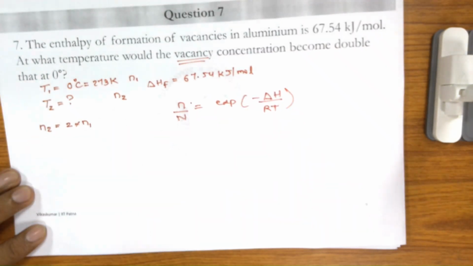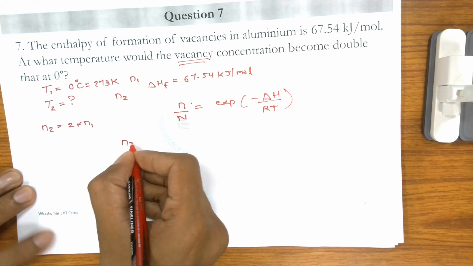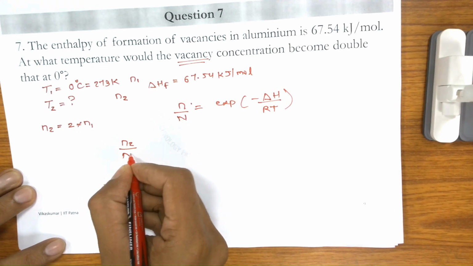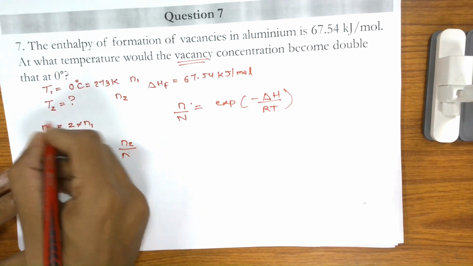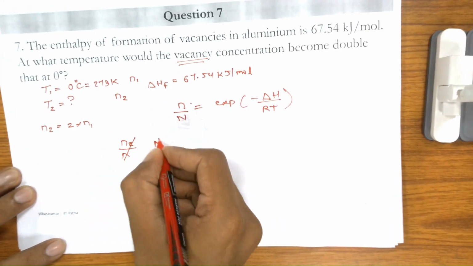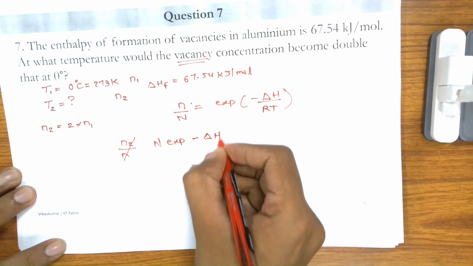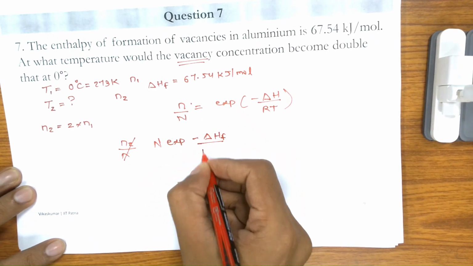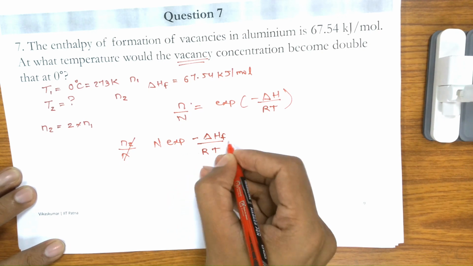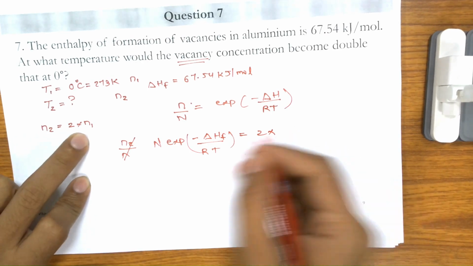So we can put it over here. What we will get? This N2 divided by capital N. So the N2 I can write as capital N times exponential of minus delta HF, which is going to remain the same, divided by R times T, which will be equal to 2 times N1.